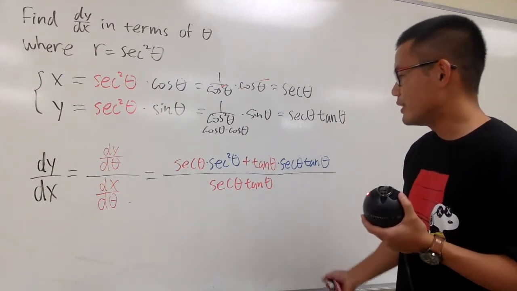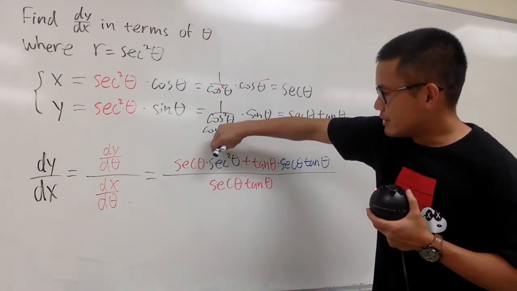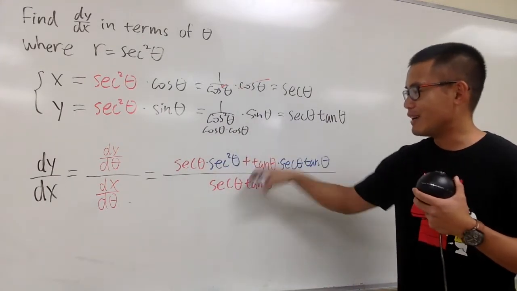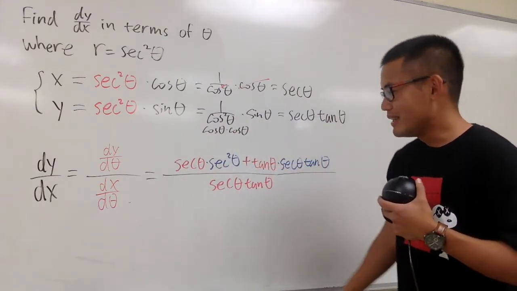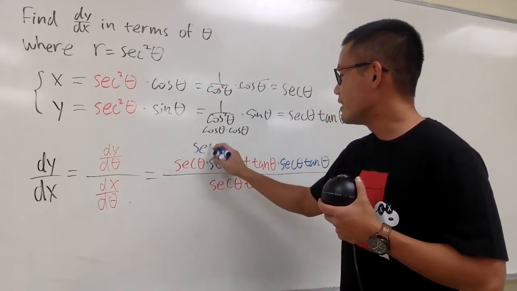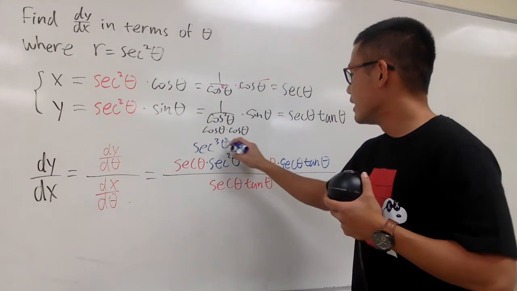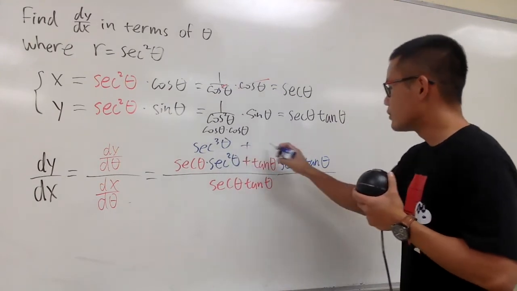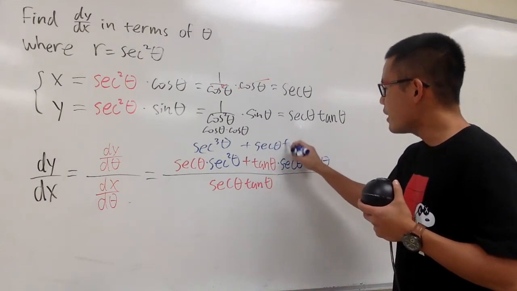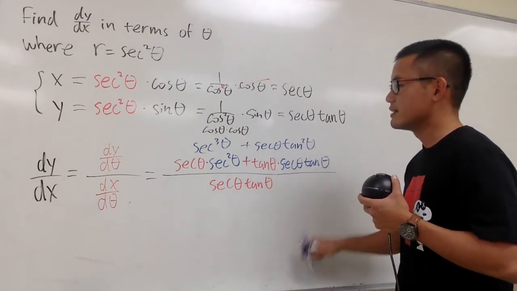Depending on how you want to do it, you can put this together as secant to the third power and then put this together, but you still have to split the fraction anyway. Up to you. I will put them together just to make you guys happy. So this and that together is secant to the third power theta plus, let's write down the secant theta first, and then tangent squared theta, like this.